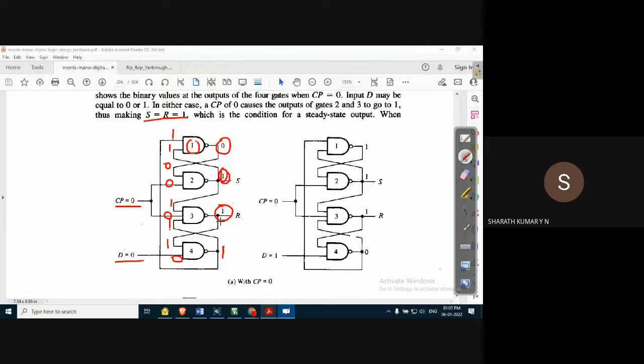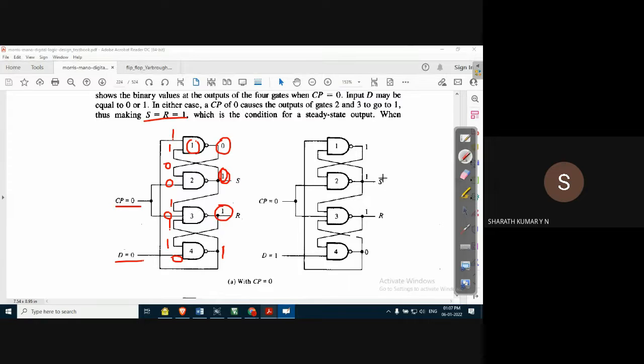So 1 and 1 is applied to the SR latch, and accordingly we'll get the output. If it is 1 and 1 for an SR latch, what is the condition, guys? The output does not change. If you remember the SR latch condition, depending on whether it is an AND gate or an OR gate type, the output will change. In one type of NAND gate, 0 0, no change. In another type, 1 and 1, no change. Accordingly it will change.